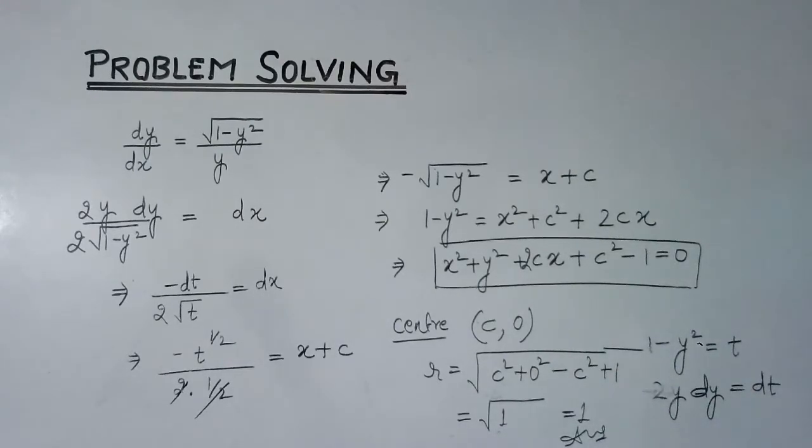So our third option is correct, that is, the radius is 1 and the center may lie on the x-axis. This is arbitrary because we don't know the value of C.